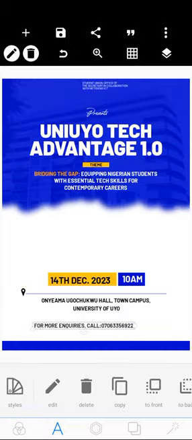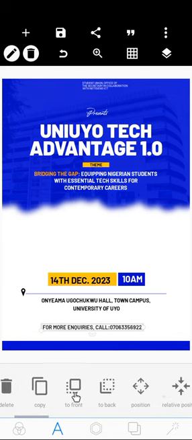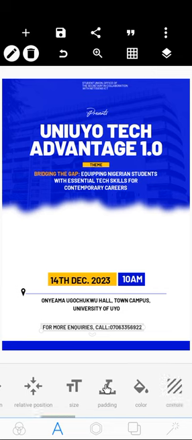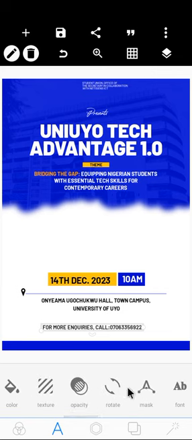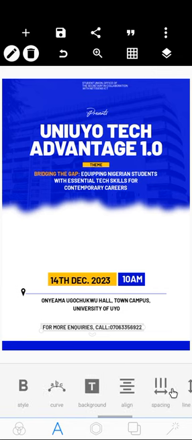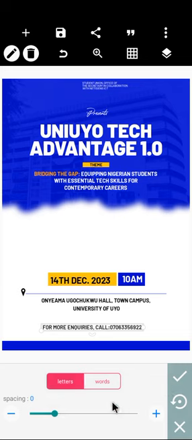Okay. So now there's something they did to this, and Pixel Lab gives us that opportunity to do it also. The space. So you can space letters or words. So what they did here was that they spaced letters. So I'm going to space my letters. You've seen that.